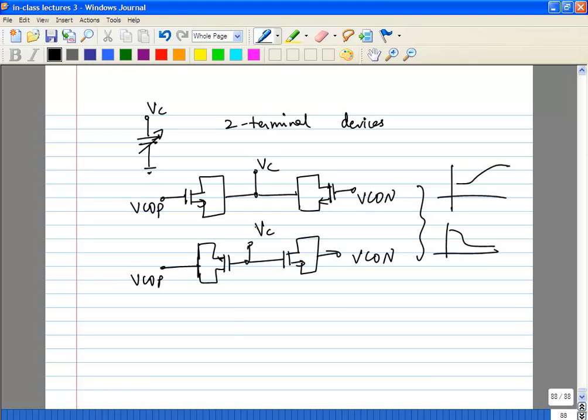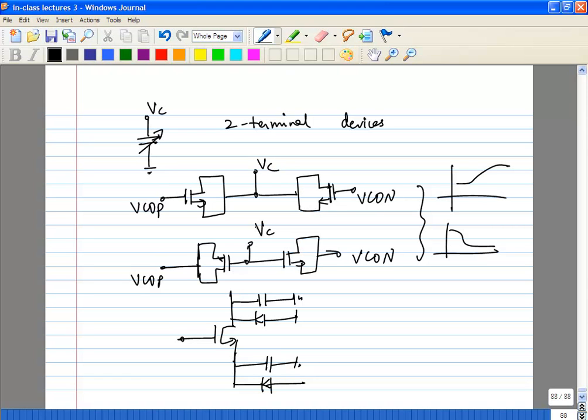Actually, remember, what do you have here? You have the source to bulk and drain to bulk capacitances. You have the diode, which causes those source to bulk and drain to bulk capacitances.